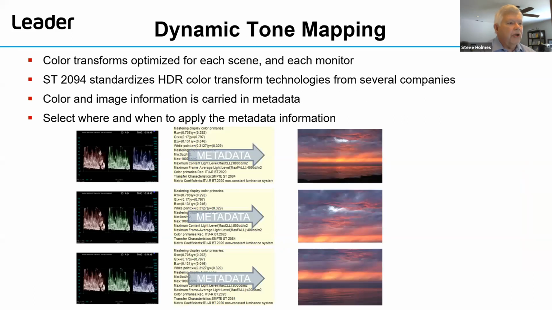For dynamic tone mapping, you have the ability to change the metadata on a scene-by-scene basis. So with HDR10 Plus, they can send new metadata to tell the monitor to readjust a particular scene for the brightness and customize it for that monitor's capabilities.